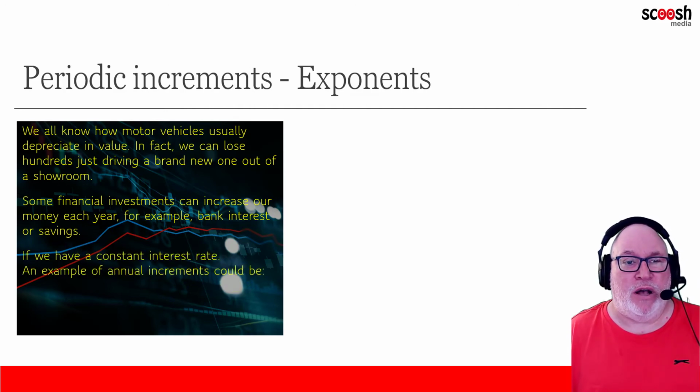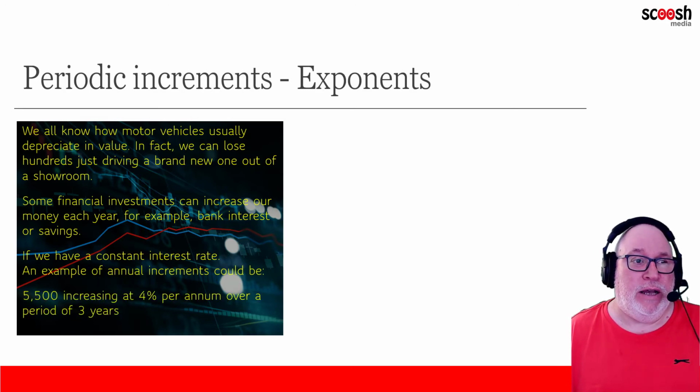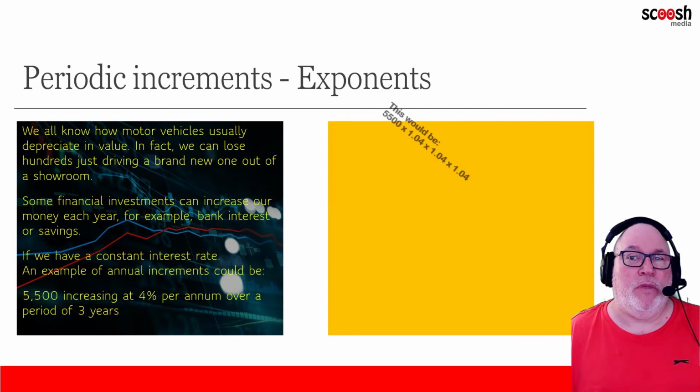So I'm going to give you an example here. If we have a constant interest rate and there's an increase every year of 4%, so 5,500 that's been invested, it'd be nice to do that, at 4% per annum over a period of 3 years. So let's work that out.